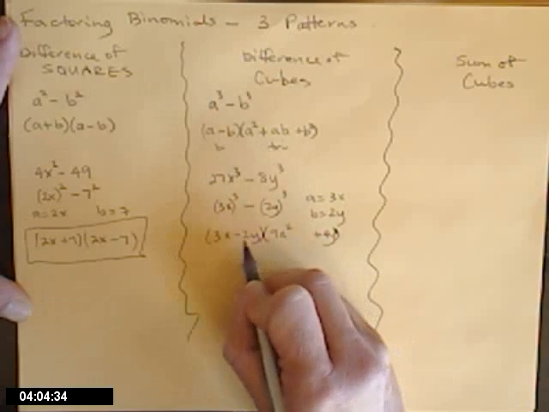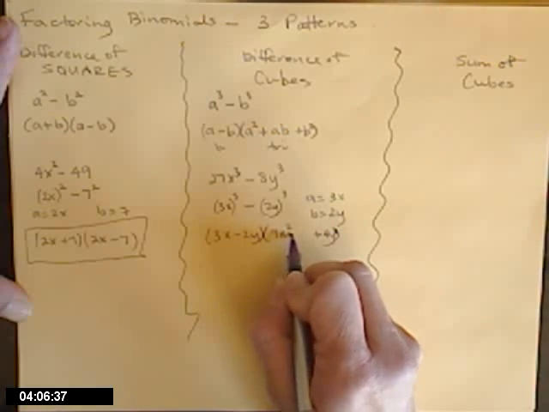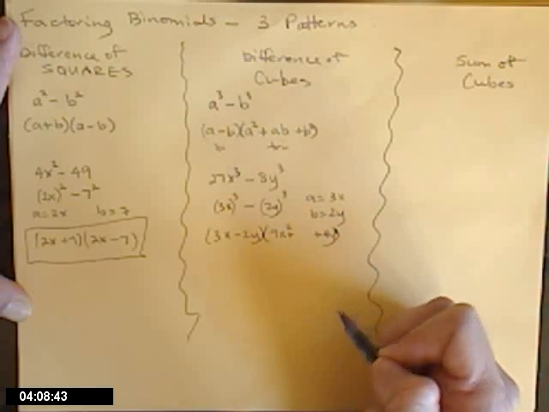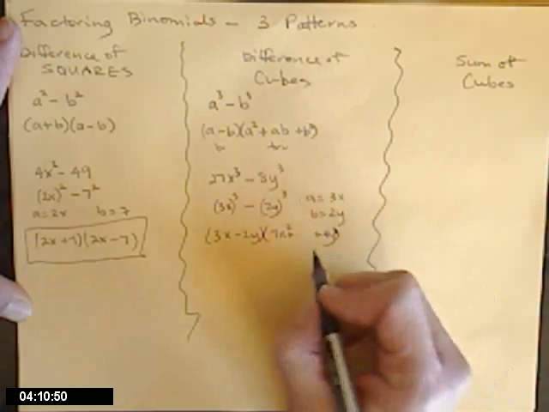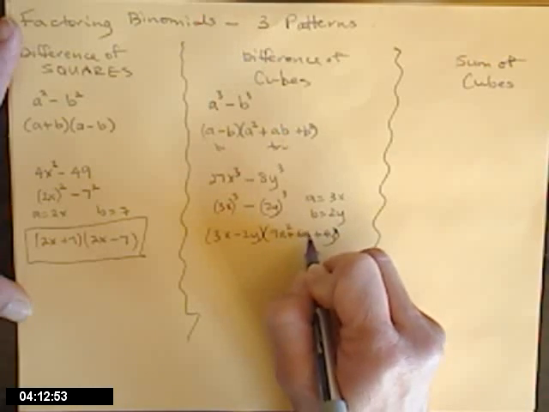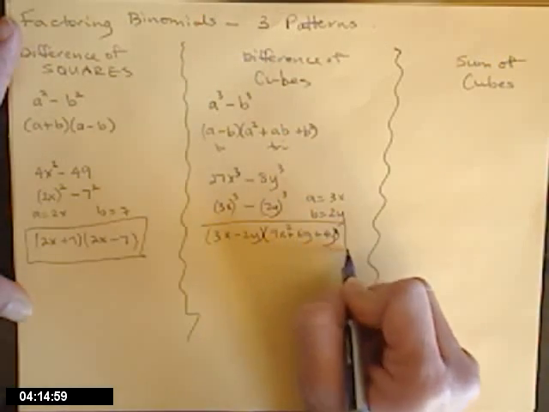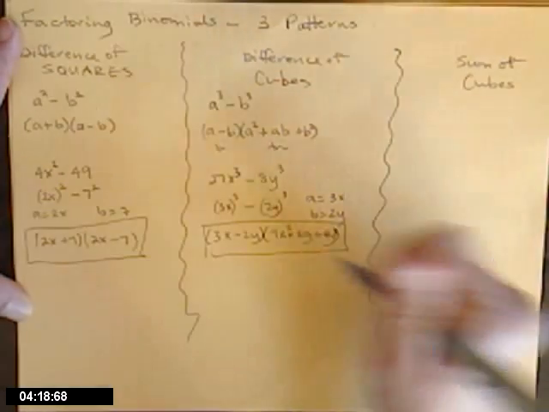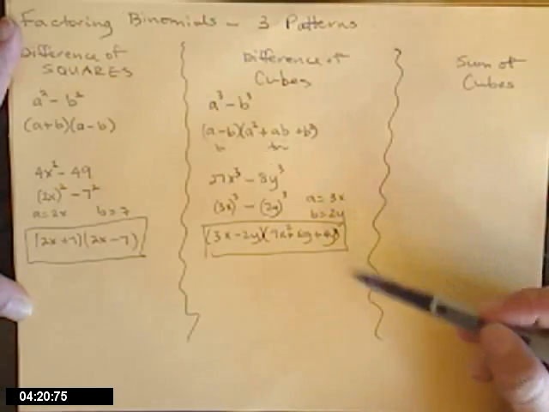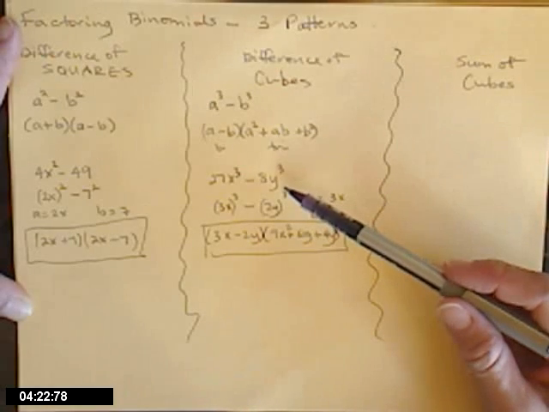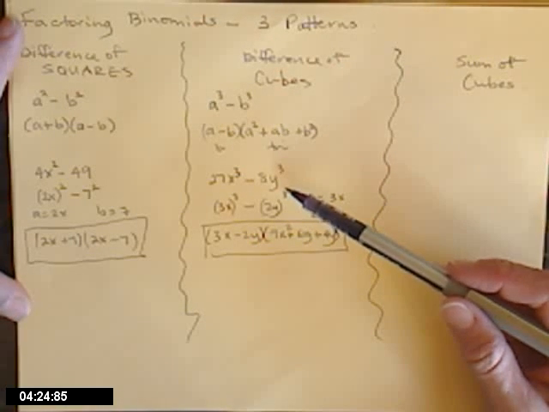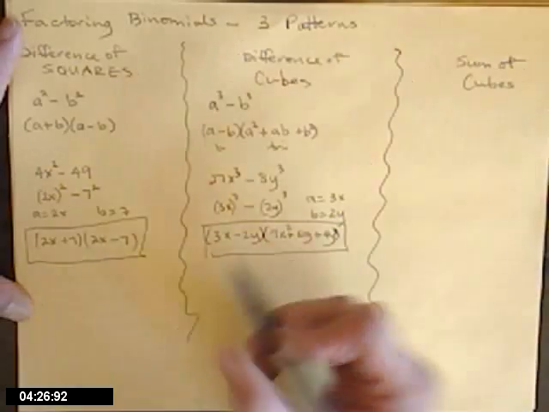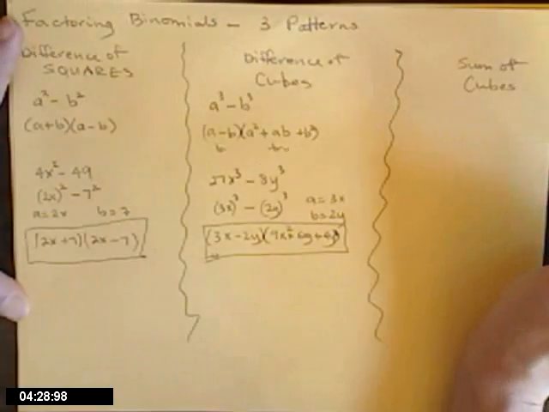And then that middle term, I change the sign, so instead of minus, I'm going to have plus, and then I multiply these two together. 3x times 2y, so that will be 6xy. And there's my answer. If you multiply those two together by picking a runner and taking all your terms through, everybody's going to cancel except for a 27x cubed and a negative 8y cubed. If you're really bored, give it a shot.